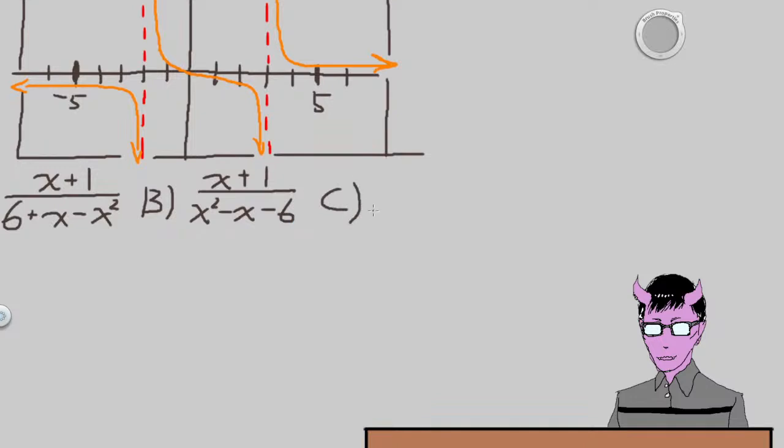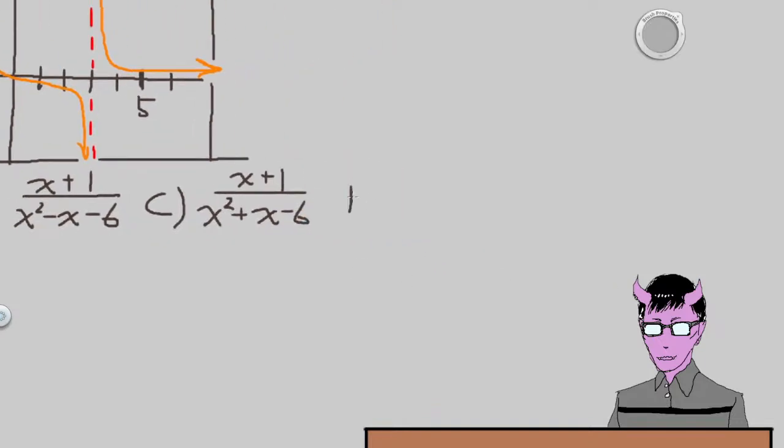Option C, we have x plus 1. Oh, so everything seems to be x plus 1. All over x squared plus x minus 6. So we have some sign flipping shenanigans, and then we have choice D. Aha, we have 1 minus x, all over x squared minus x minus 6.